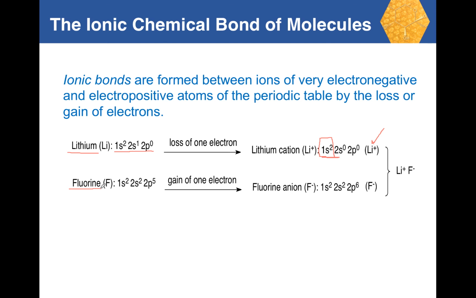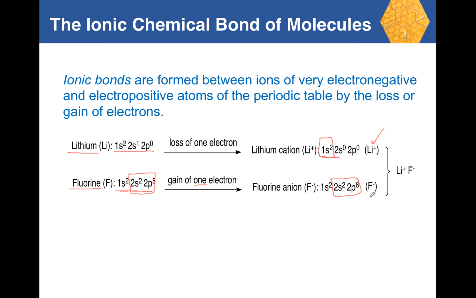At the other end of the periodic table we'll find fluorine. Here's the electronic configuration of fluorine. Notice it's not a full octet of electrons, because this is the valence shell, or the valence electrons, outer shell 2 and 2. If it should gain 1 electron, it now acquires the electronic configuration of neon, or the outer shell is now full.